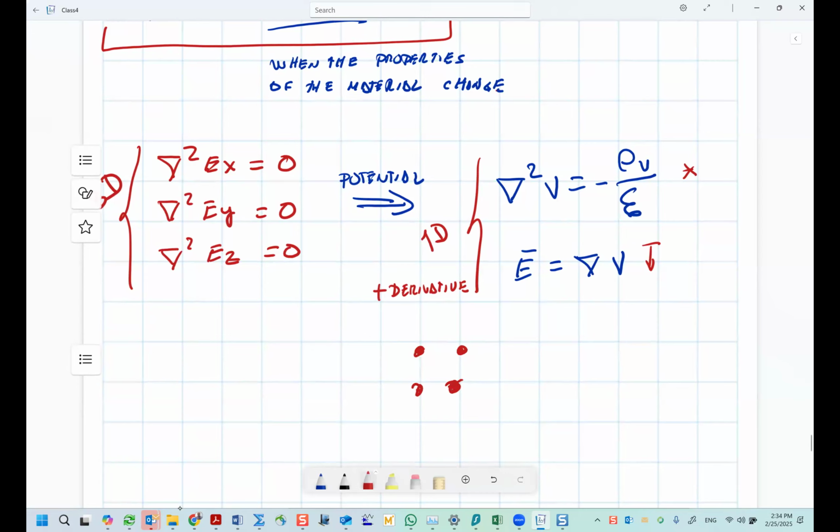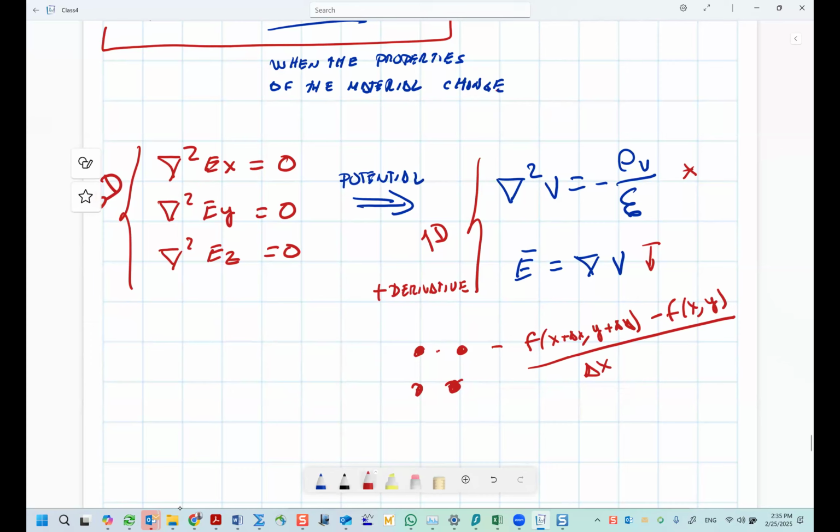And if you want to compute the derivative, well, just subtract one from the other, right? f of x plus delta x, y plus delta y, minus f of x, y, divided by delta x, and so forth.